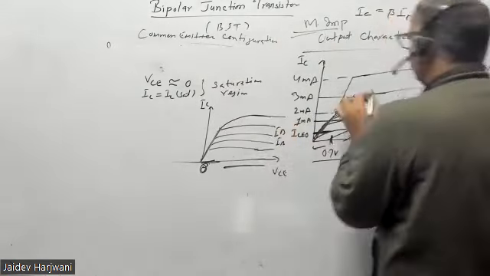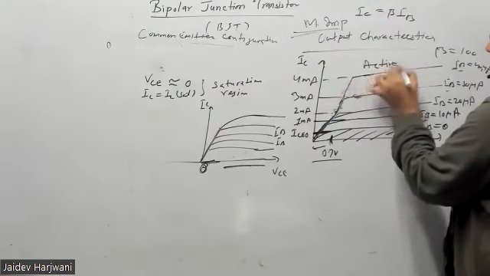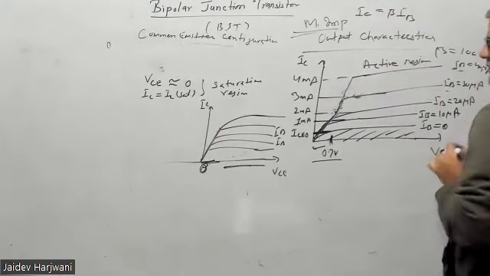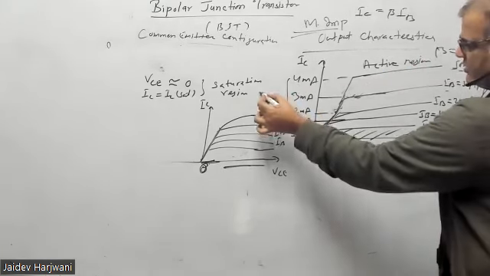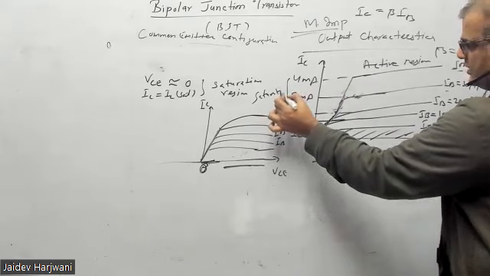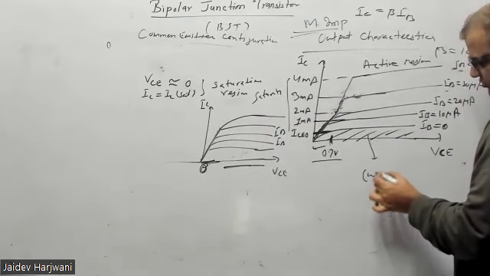This region is called the active region again. So this is the active region, this part is the saturation region, and this part under is the cutoff region.